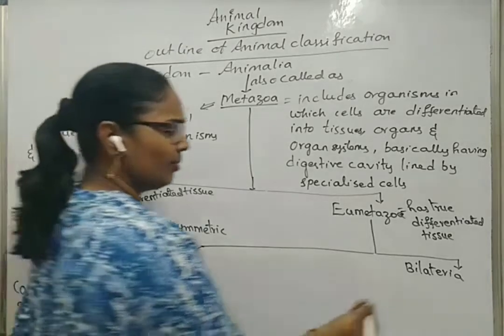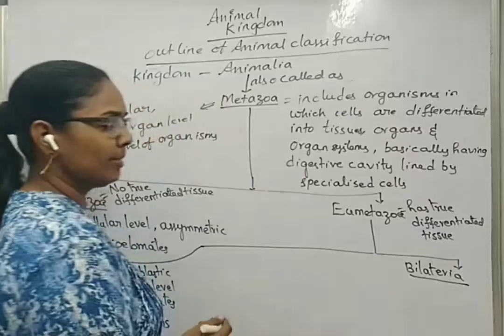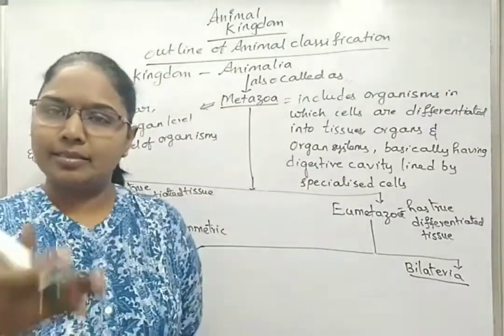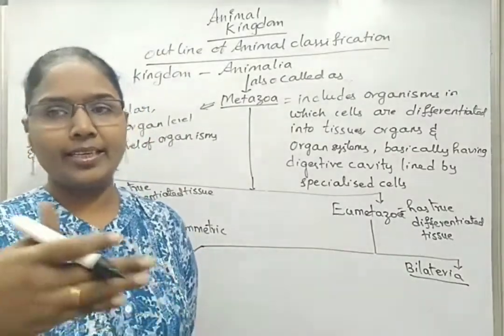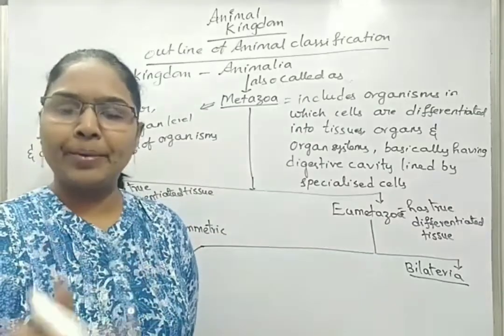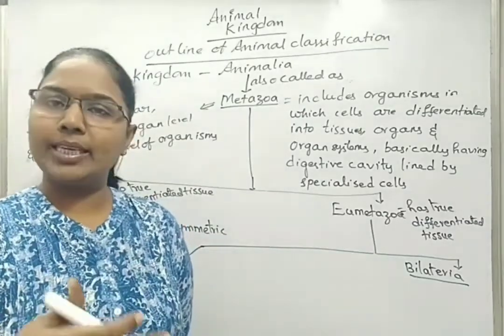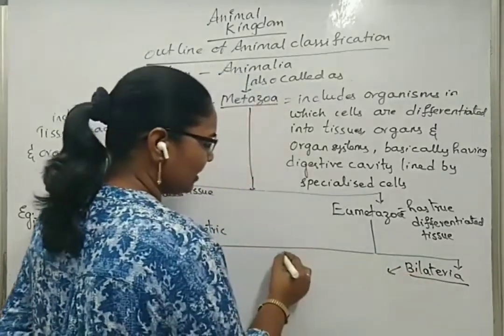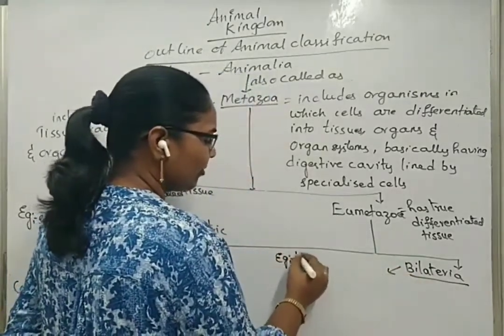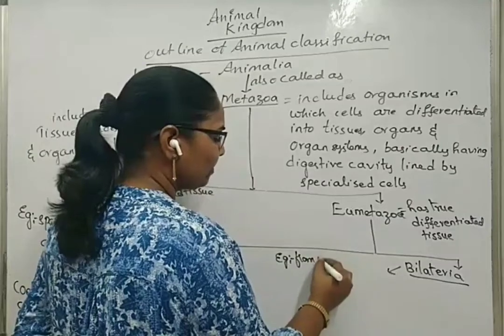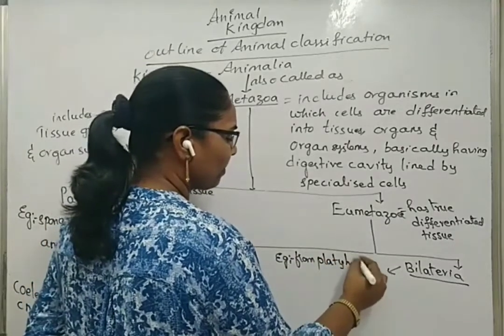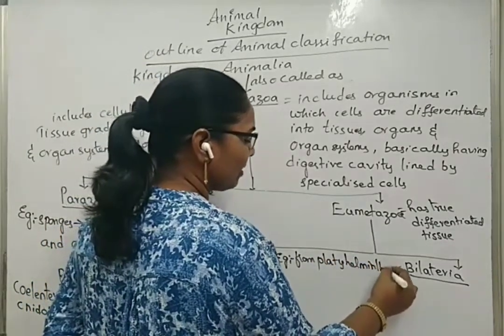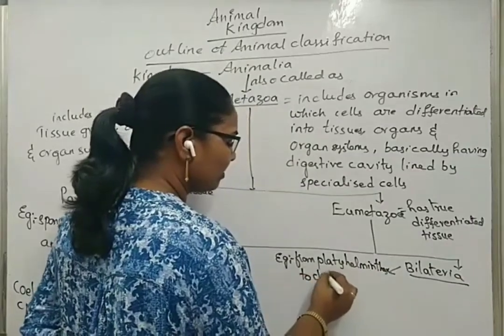Under bilateria, what is meant by bilateral symmetry? When we cut the body into left and right halves, we should get two equal halves. Under this, the examples studied are from phylum Platyhelminthes to chordates.